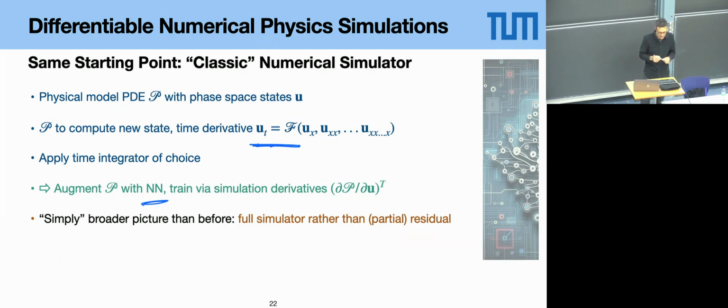The main difference is now that we actually still need to be able to derive these physics terms that we have. Mostly in this case, we actually focus on this P function that now encapsulates both time integration and the spatial terms.